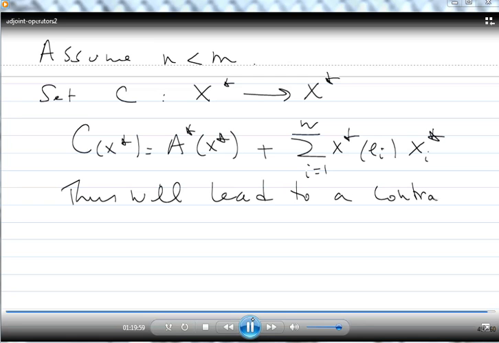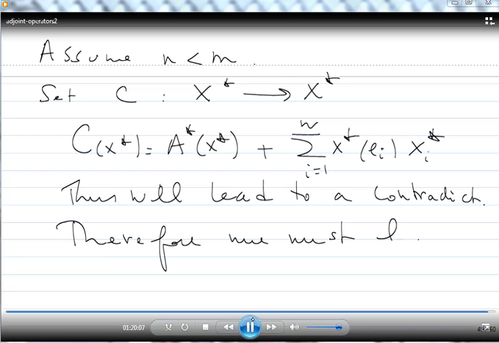Therefore, we must have n equal to m, as claimed.